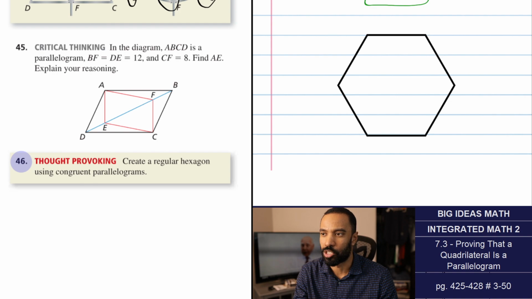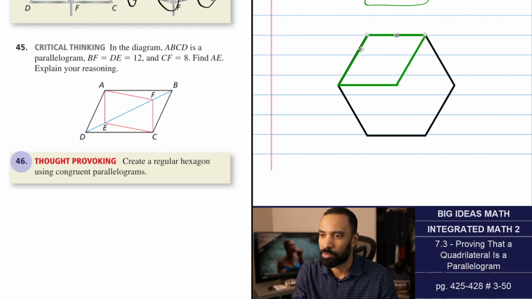So with this, I'm going to try... Gosh, let's see. Let's do this and bring this piece over just to give me my shape. Like that. So here is a parallelogram that I have, sort of. 1, 2, 3, 4. And then let's see if we can go off of that. I don't know if that's the right thing they're talking about, because I could just, again, 1, 2, 3, 4.